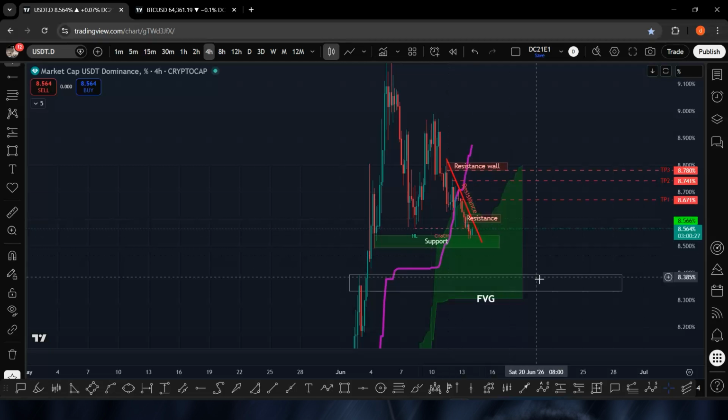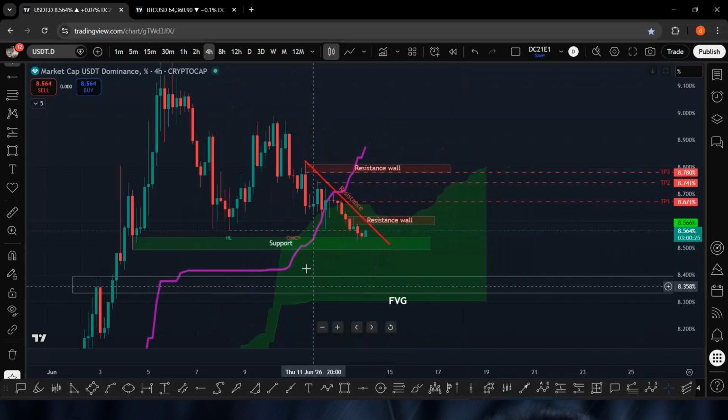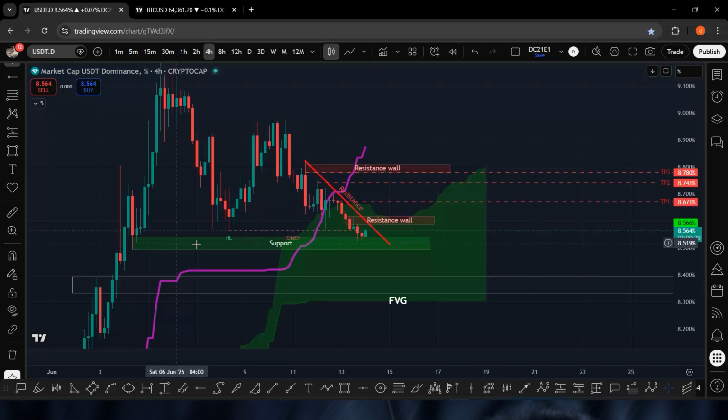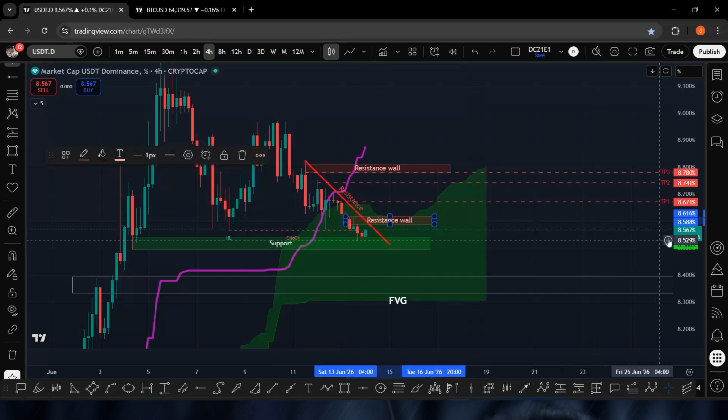The Kumo cloud here is actually acting as a trampoline. So considering that there is support here, we expect some kind of sideways here for a while. And as you know, there is a resistance here, this level is the resistance wall. We have to keep an eye on that.